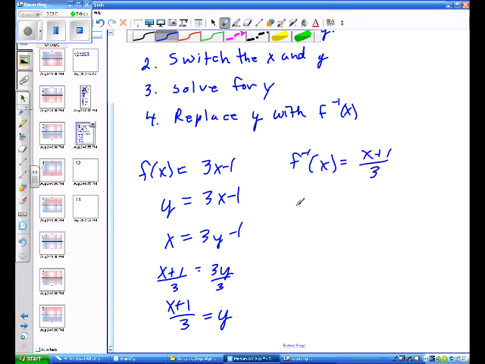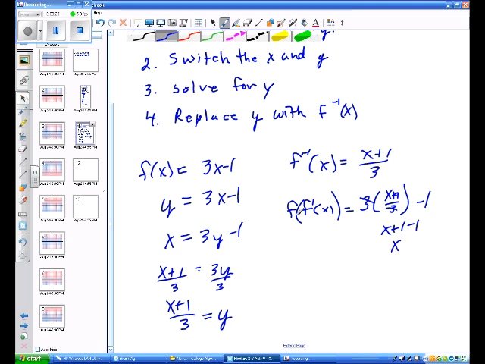If I find f of f inverse of x, then I'm going to take my function named f. Wherever there's an x, I'll plug in the inverse. So I'll have 3 times (x plus 1) over 3, minus 1. Well, my 3's cancel, and I have x plus 1 minus 1, which is x.